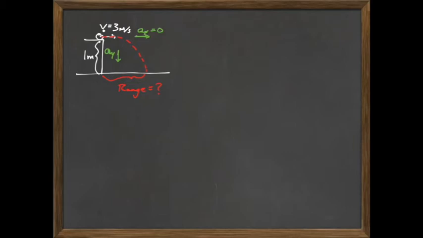So to solve the problem, we're going to do kinematics the way we've always done. We're going to start by listing all of our variables: the initial position, the final position, initial velocity, final velocity, acceleration, and time. One thing that's going to be different is we've got two dimensions to work with.